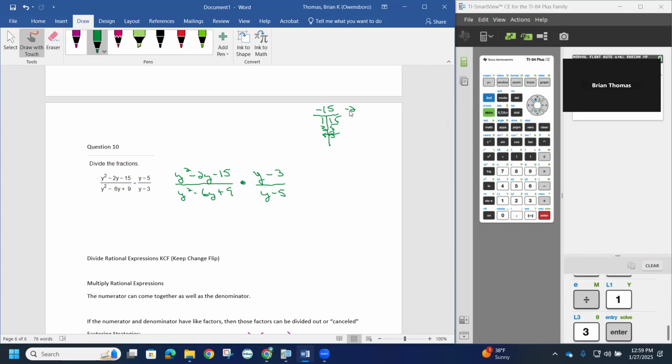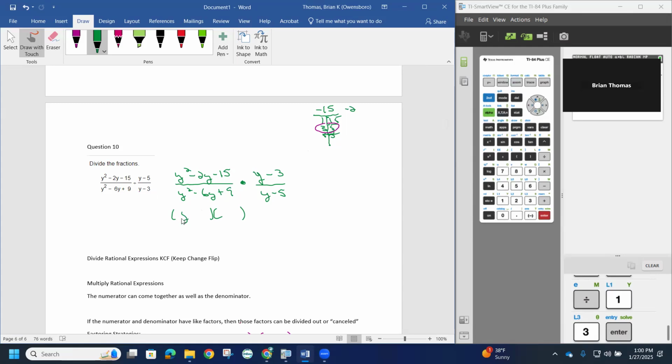Notice how, again, we need a negative, so that means the bigger number's got to be negative. And to get that negative 2, it looks like we need this 3 and this negative 5. So as I bring this down, instead of multiplying this out, we're actually going to factor. So that y squared minus 2y minus 15, we're going to factor into two sets of parentheses.